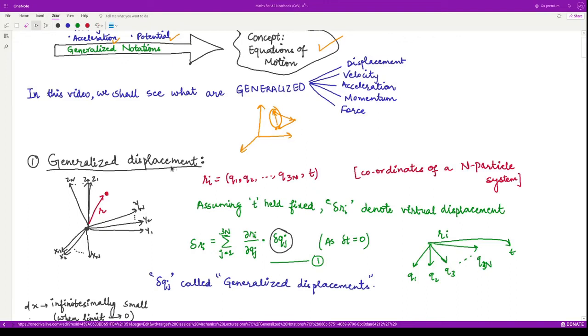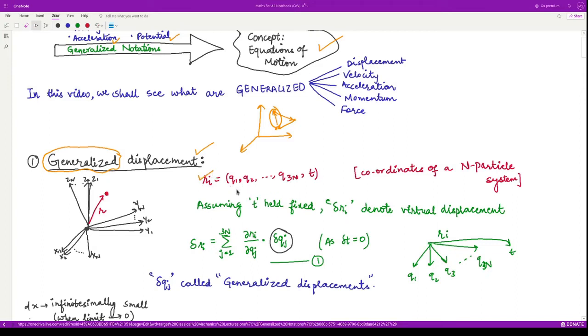Now we are talking about displacement in terms of generalized coordinates, which we discussed in the last video. So let us assume we have n particles in 3 dimensions. That means, according to the previous video, we can define those n particles as one system in 3n coordinates, whose position vector Ri is given by q1, q2 up to q3n.